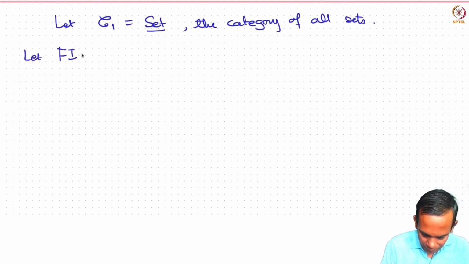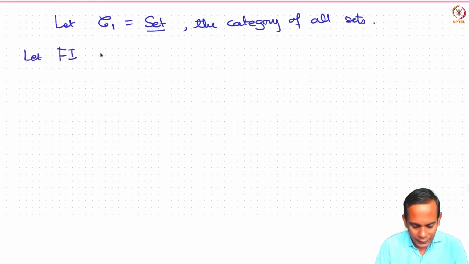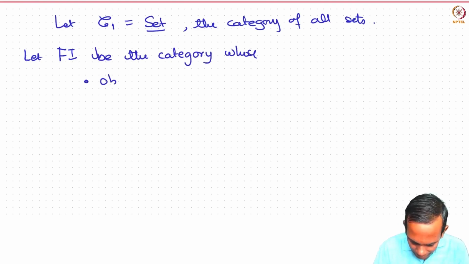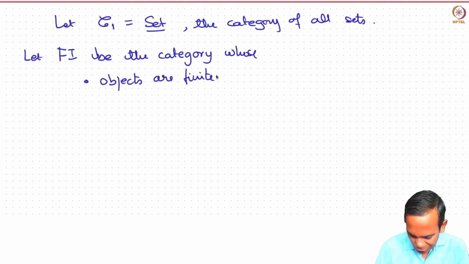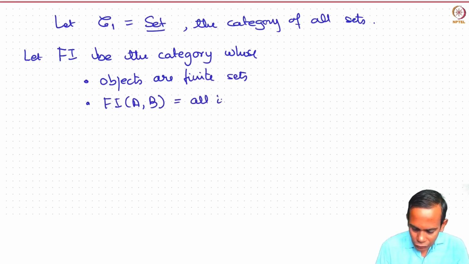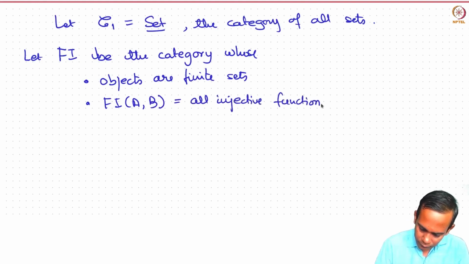Fi, short for finite injective, is the category whose objects are finite sets, and arrows Fi(A,B) are all injective functions from A to B.